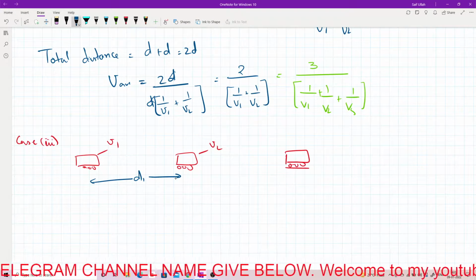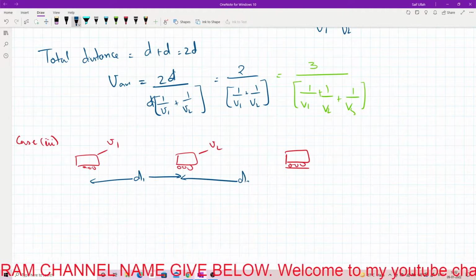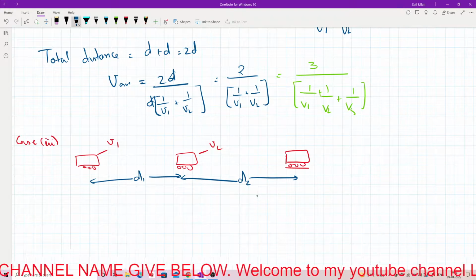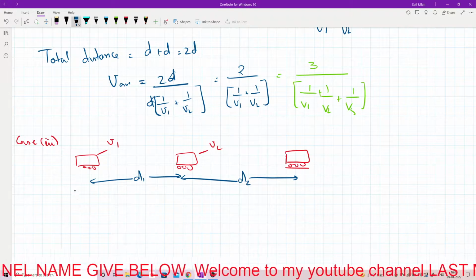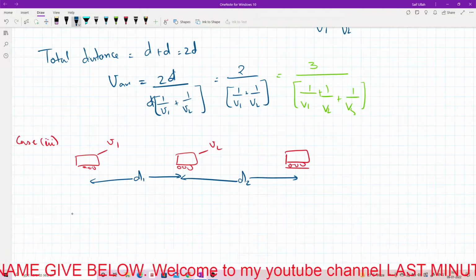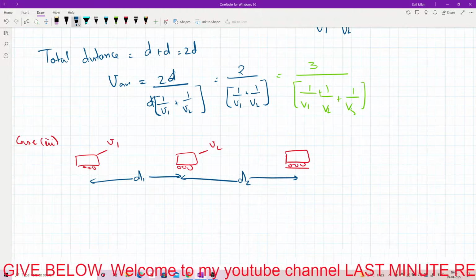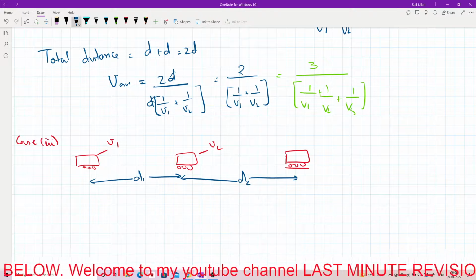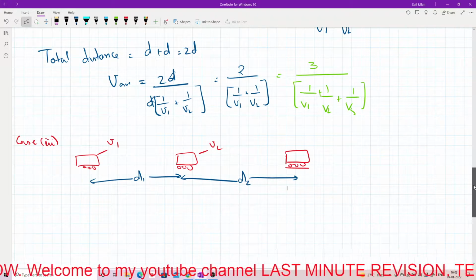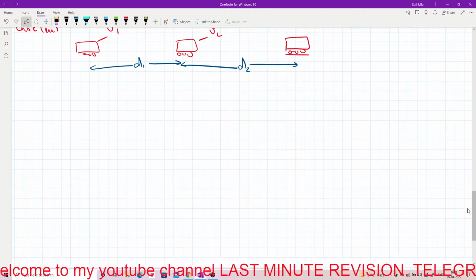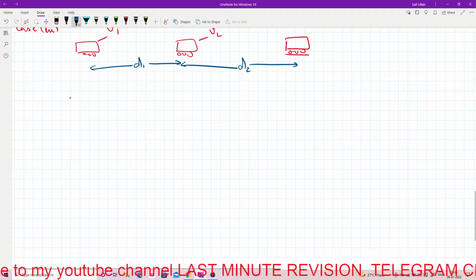This will be d1 from here to here, and from here to here it will be d2. Now you have to find the average velocity. You know the formula for the average speed, which is total distance by total time. So first we will calculate the total time here.